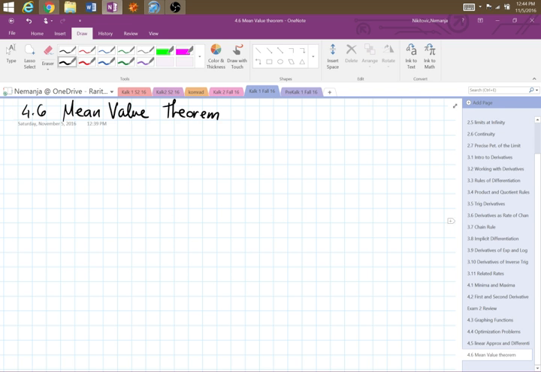Mean value theorem. It is an interesting concept.